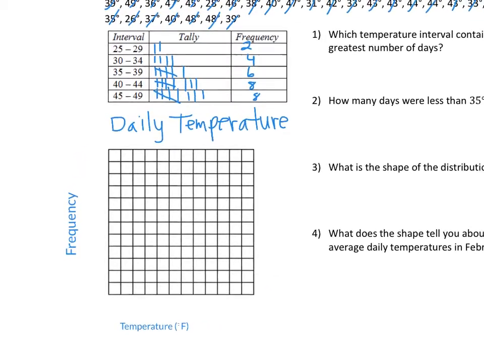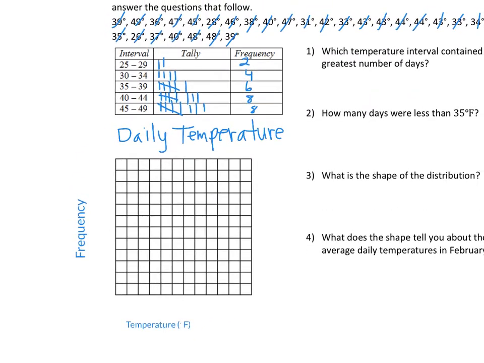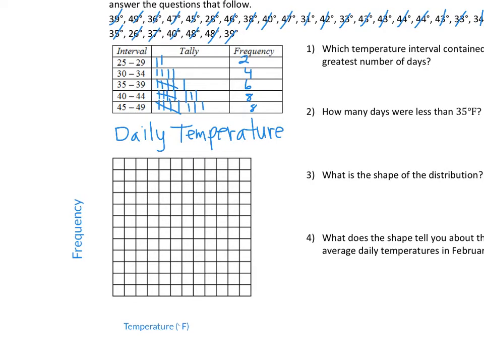Did a little off-screen adjusting there. Okay. So our frequencies go from 2 to 8 if I look at the chart. Looks like I can only count by ones, so I will do that on the left-hand side. And my intervals, I've got 5 intervals, 1, 2, 3, 4, 5. So looks like I can do 2 blocks per interval.